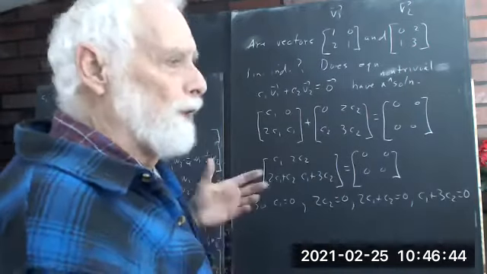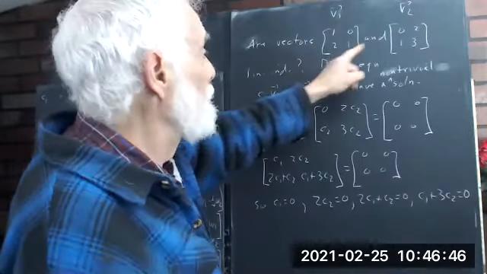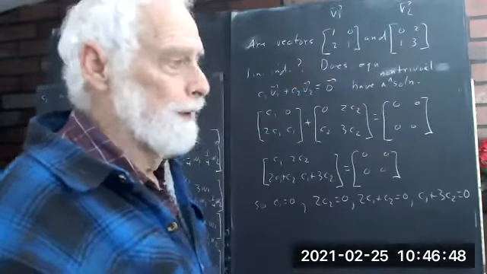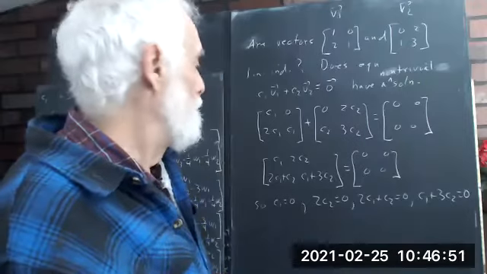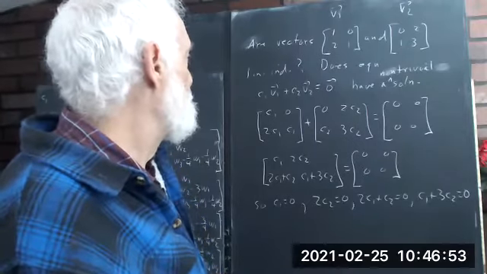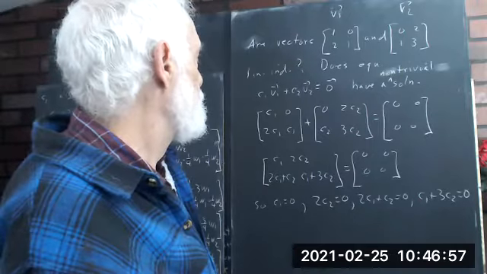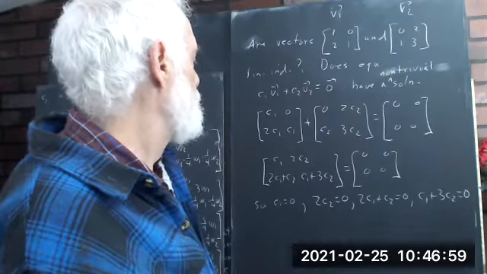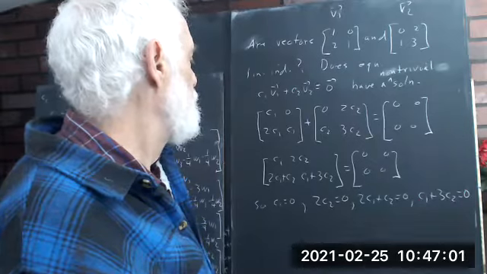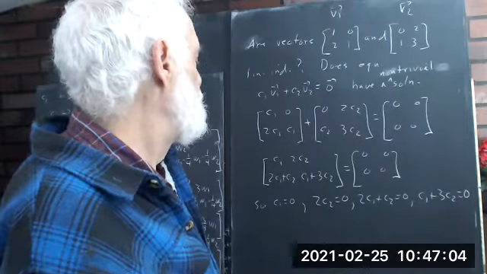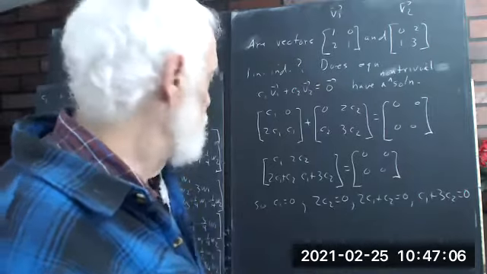So that means it's really easy to add a multiple of this to a multiple of this and get 0. And there's no other possible solution.